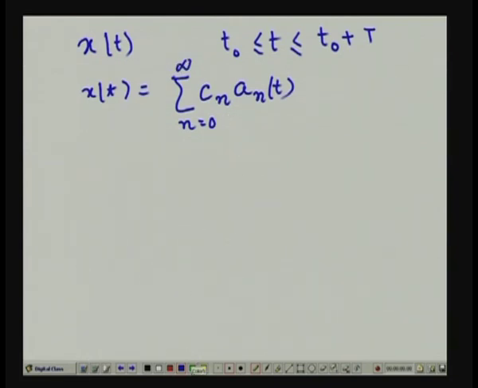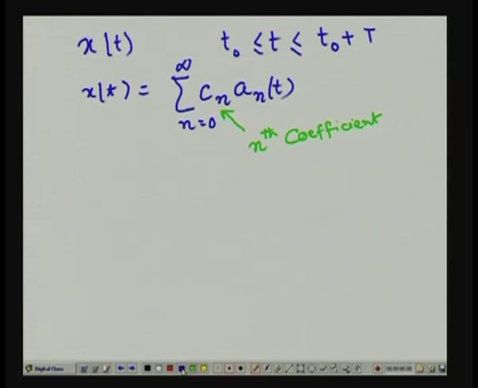Then this term C_n is called the nth coefficient of expansion.